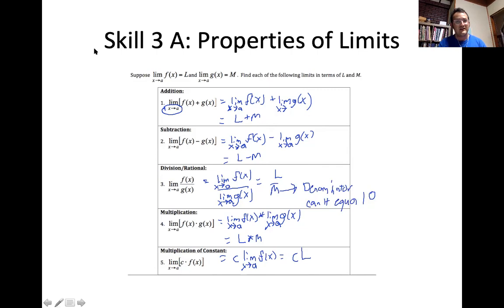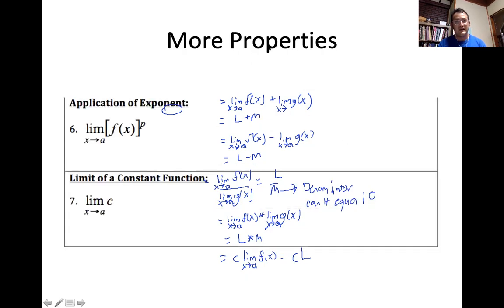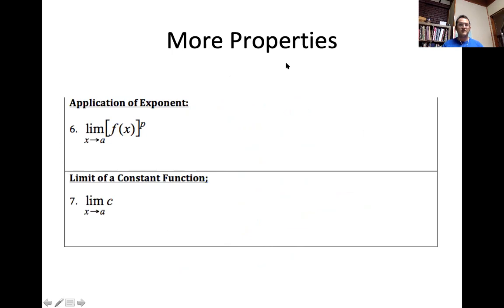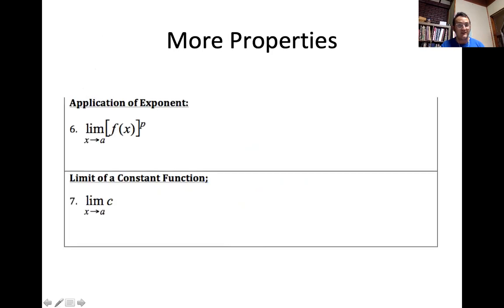Okay, so next we are going to look at the application of an exponent. Just a reminder here, the limit of f of x is L, and the limit of g of x is M. If we have an exponent, we could actually just take the limit first.